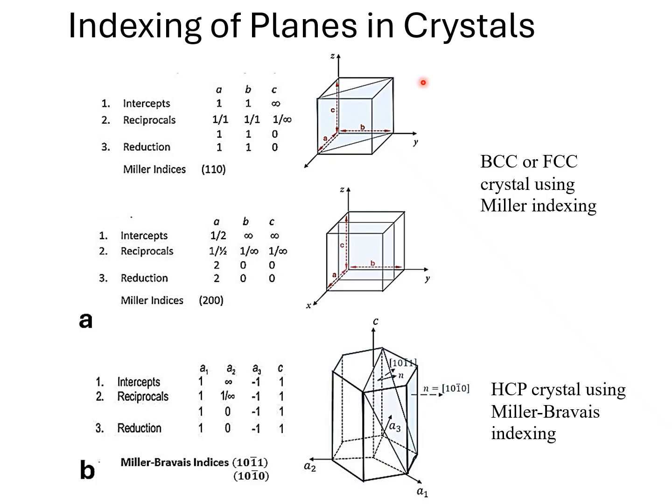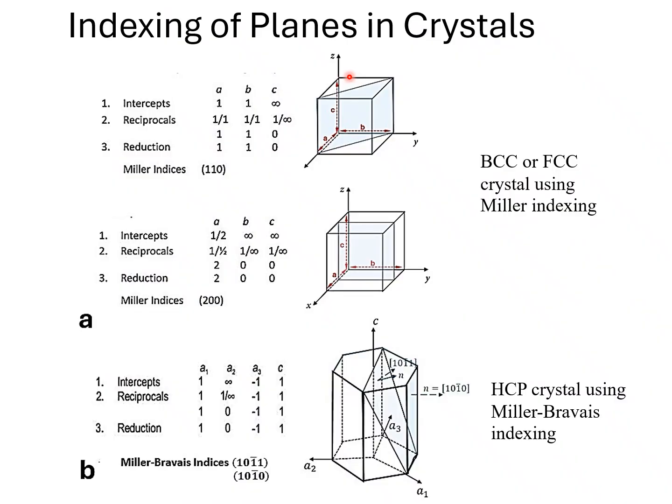And we do that by drawing the plane in the crystal. This is a cubic crystal here, taking the reciprocal of the intercepts of the plane with the crystal, and then reducing it so it's in integer form. So this plane is 1, 1, 0.